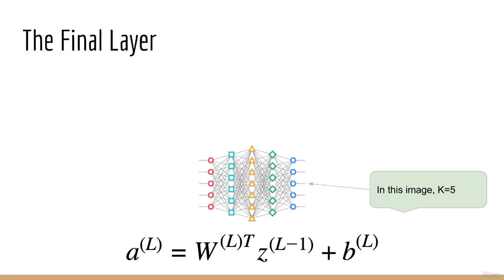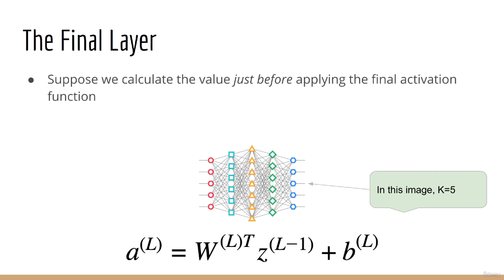So how does multi-class classification work? Well, suppose we have just calculated the activation at the final layer of our neural network, but have not yet applied the activation function. So we have A^L = W^L transpose dot Z^(L-1) + b^L, where Z^(L-1) is the Z at the previous layer.